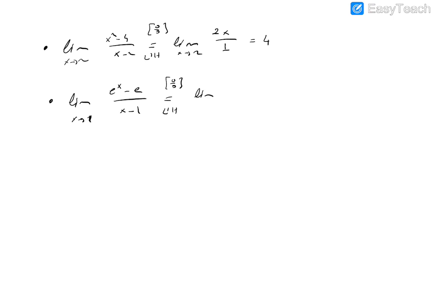So by using L'Hopital's rule, we separately calculate the derivative of numerator and denominator. The derivative of the numerator is e to the power x minus the derivative of e, which is 0, over the derivative of x minus 1, which is 1. So we have e to the power x. So when x goes to 1, this limit is e.